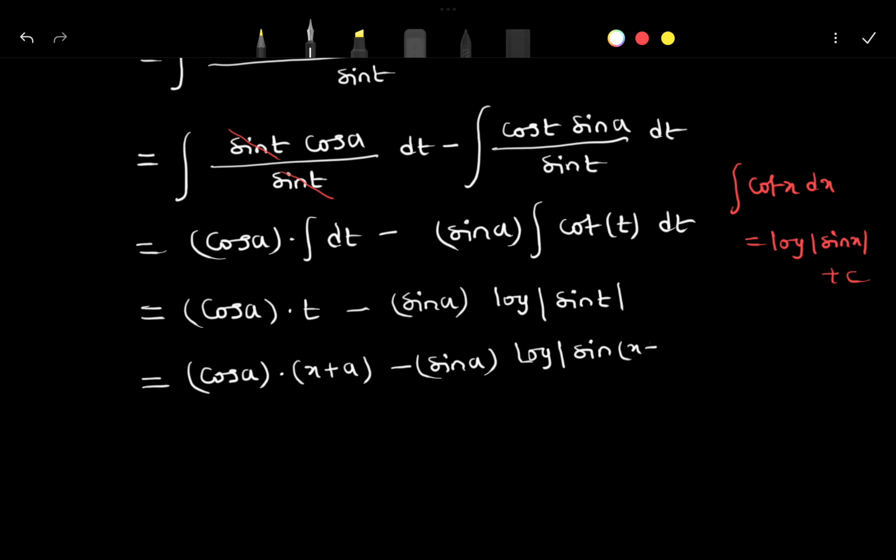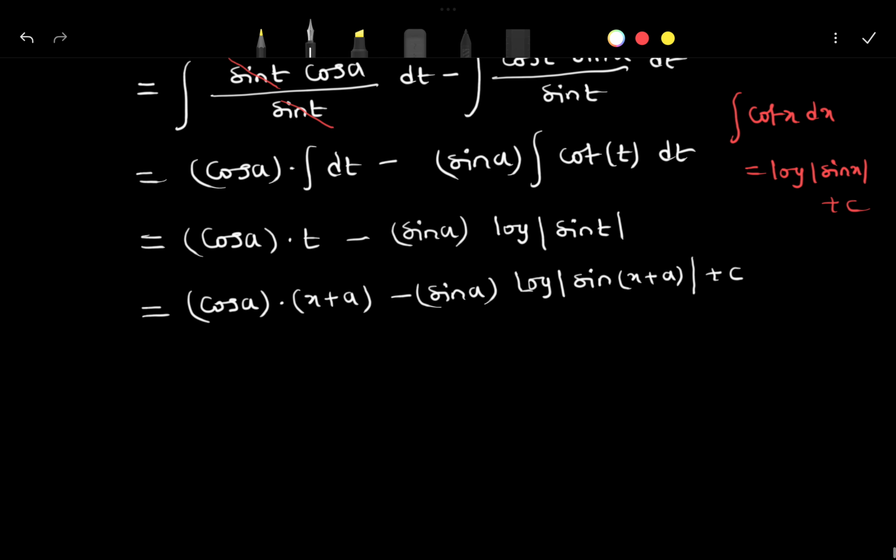So now after this one, generally we write the integral constant plus c. But in this problem you can do further simplification. You multiply cos a with x plus a, then it becomes x into cos a plus a into cos a, minus sin a into log of sin of x plus a plus c.